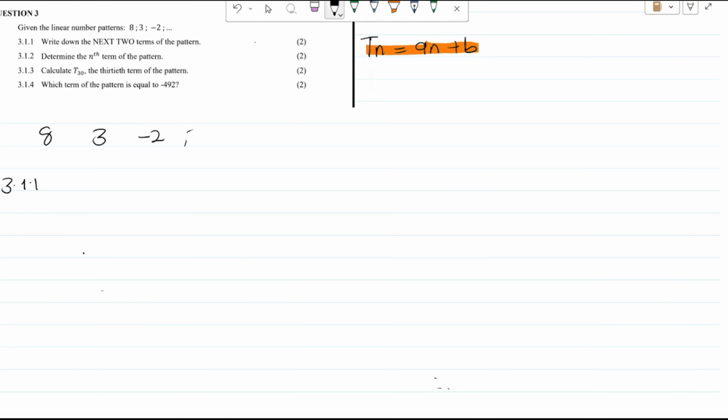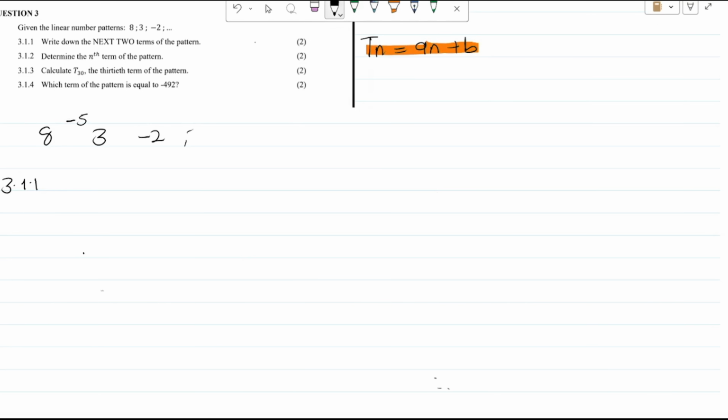So for us to answer 3.1.1, we need to analyze what is happening with our pattern. Is there a certain rule, or are we adding or subtracting, or are we multiplying the previous term to get the next term? If we look at 8, to move from 8 to 3, we subtracted 5, right?